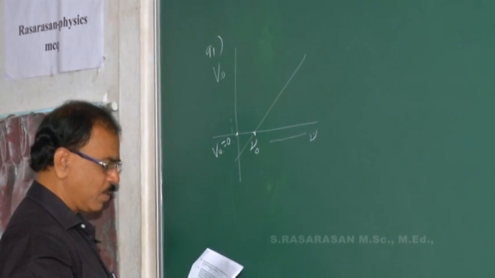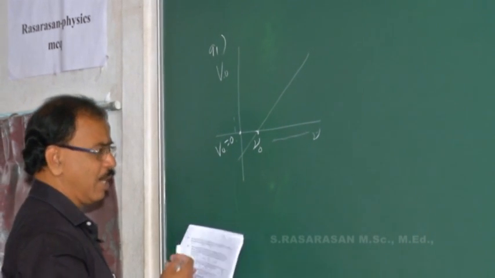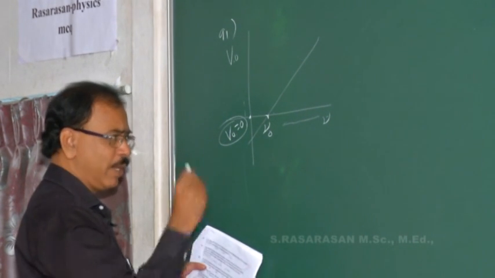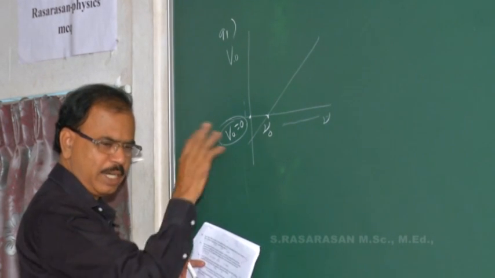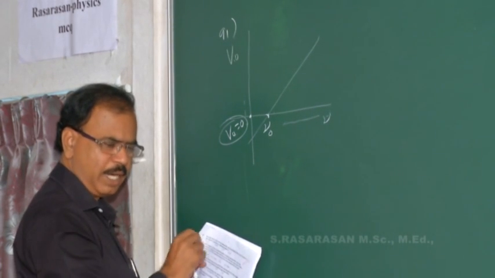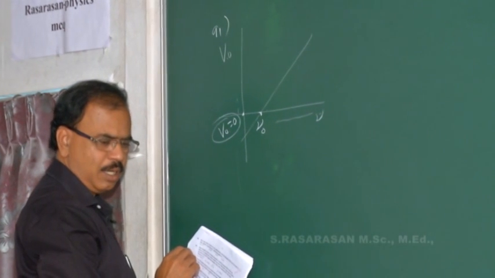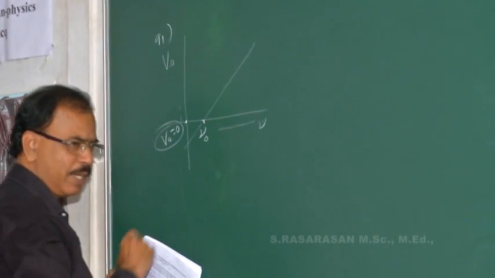At threshold frequency, stopping potential is 0. Now let us get the velocity of the electron. What is stopping potential? It is the work done in stopping the moving electron: eV naught is the amount of energy, or work done, in stopping the moving electron.